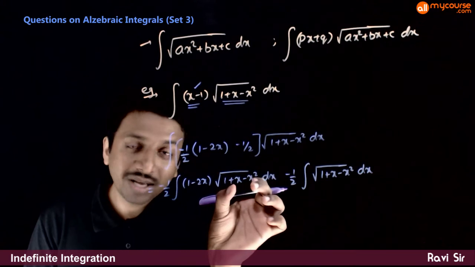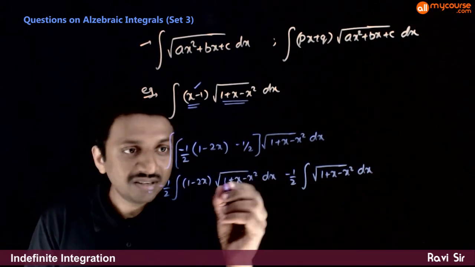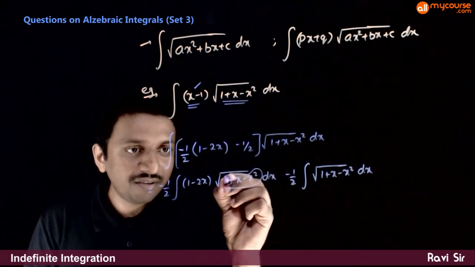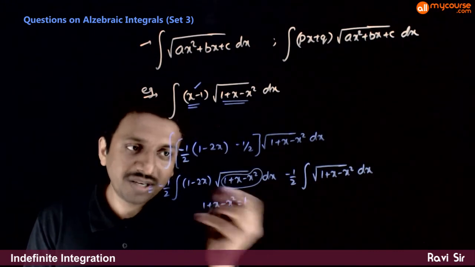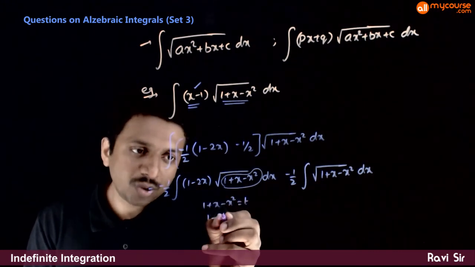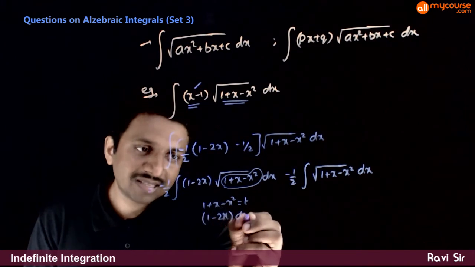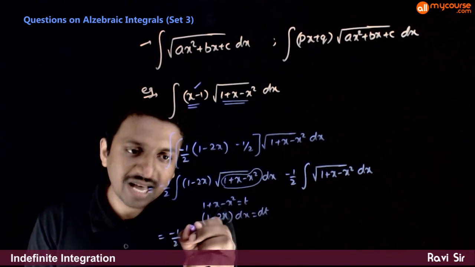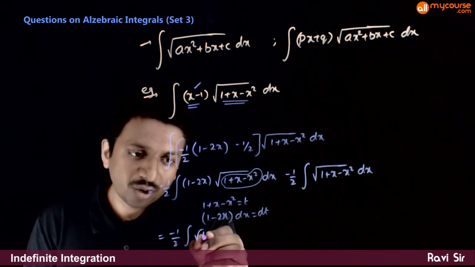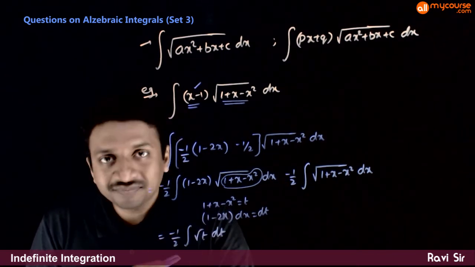So 1 minus 2x is the differentiation of this. In the first integral, if you assume 1 plus x minus x square is equal to t, then (1 minus 2x) dx will become dt. So this integration is minus half integration of root t dt.